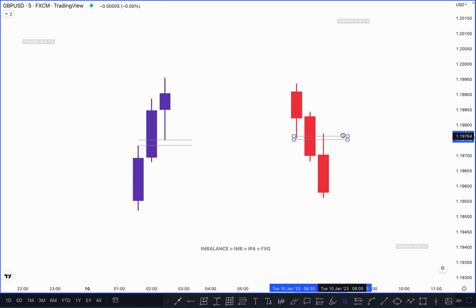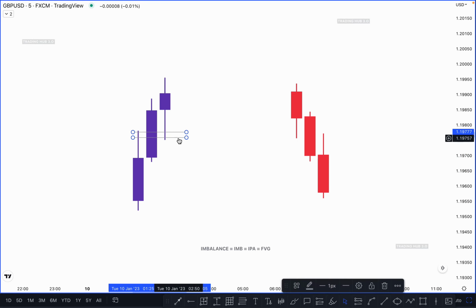In this case, there is no imbalance. The market mitigates the previous candle low and there is no imbalance. The same process is applicable in a bullish market. If this candle low is here like this, there is no imbalance left and everything is mitigated, there is no imbalance available here.